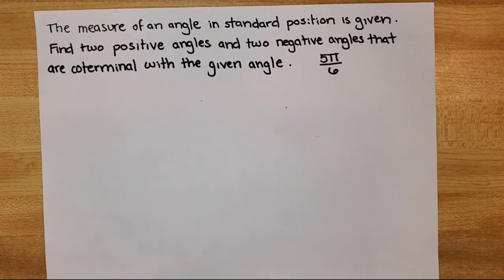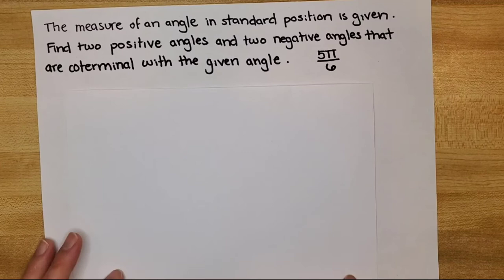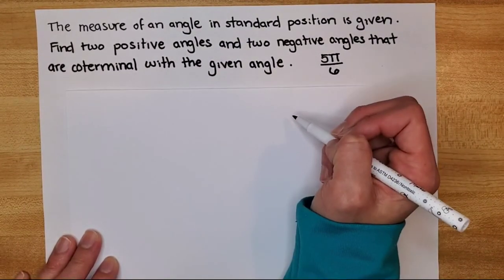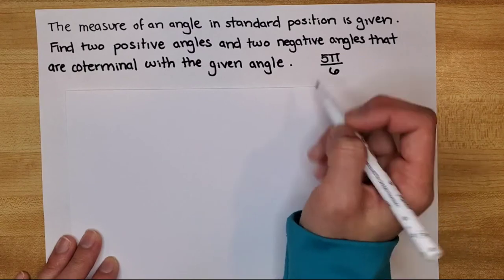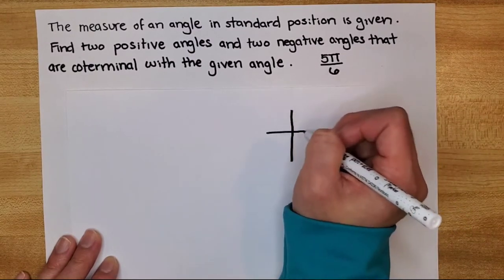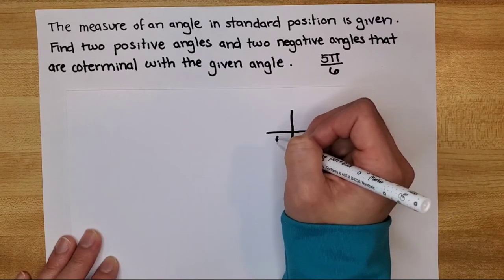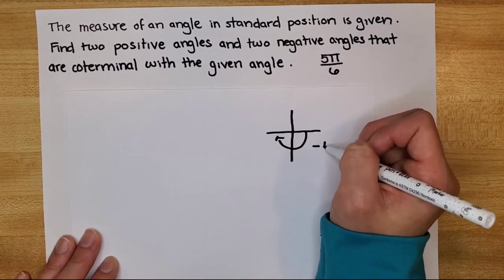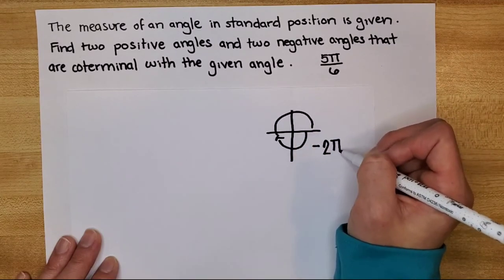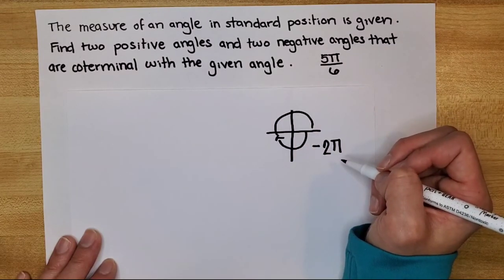Now, we need to go ahead and do the similar concept for the two negative angles. But instead of going in a positive direction, we're going to go in a clockwise direction on the unit circle to give us a negative value, which again, a whole revolution around the unit circle is going to be negative 2 pi.